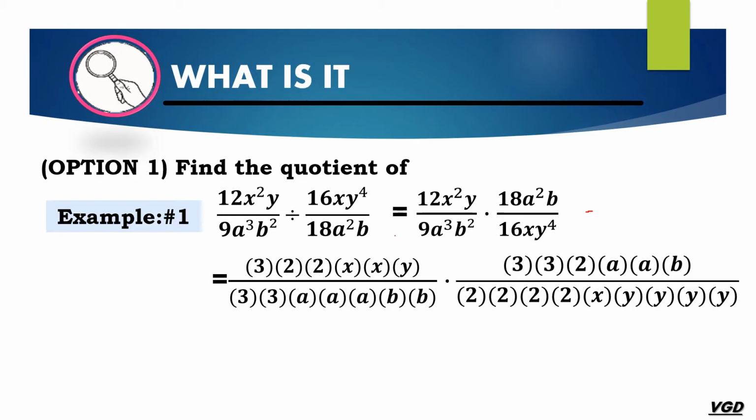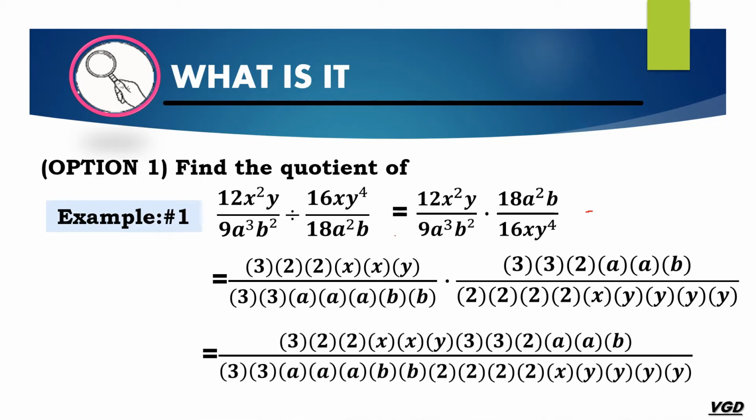So this time, we're gonna just combine by multiplying everything, the numerator and the denominator, and then cancel out the common factors in the numerator and the denominator. So we cancel out 3, 2, another 2, x, y, 3, another 3, 2, a, another a, b.